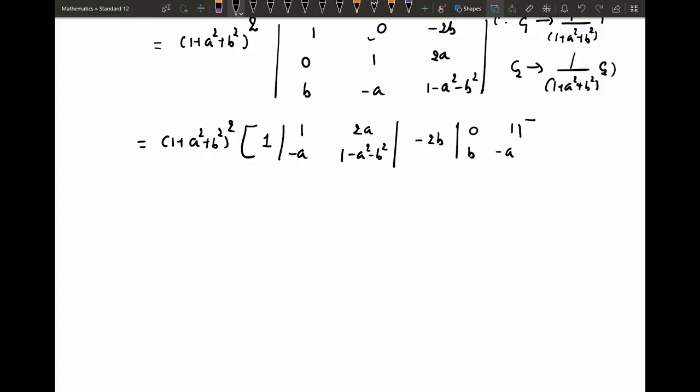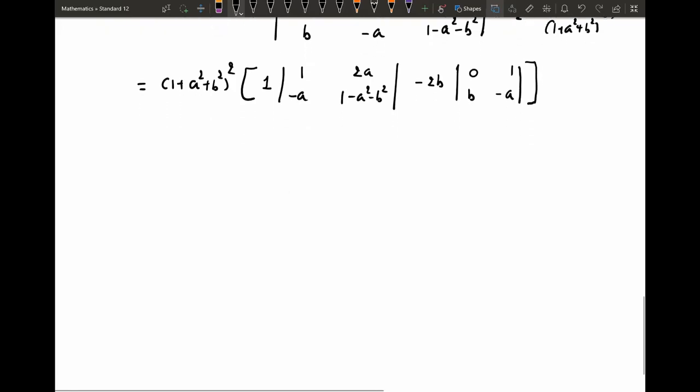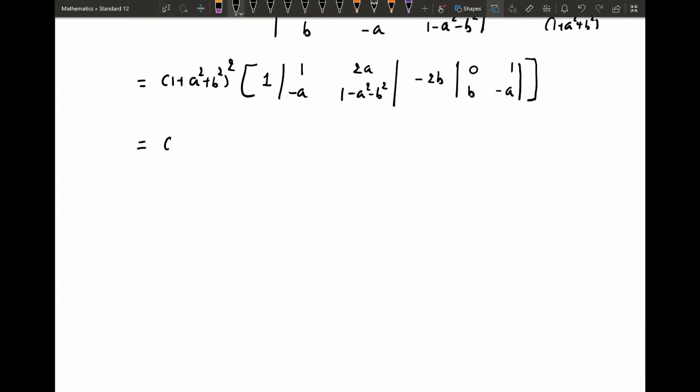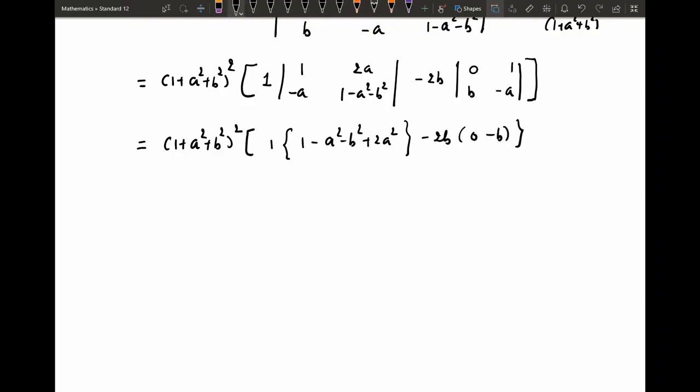So this is expansion using first row. Now further simplification is 1 plus a square plus b square, 1 into 1 minus a square minus b square minus minus plus 2a square, minus 2b into 0 minus b.